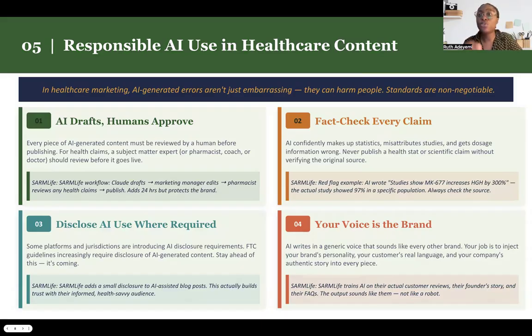Disclose that AI was used where required, because you want to be very honest as well. If you need to disclose it, please disclose it. Because again, transparency is important. And remember, your voice is the brand. Everybody is sounding like AI these days. You open somewhere and you know the different AI language and whatnot.